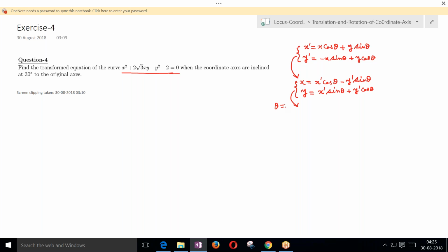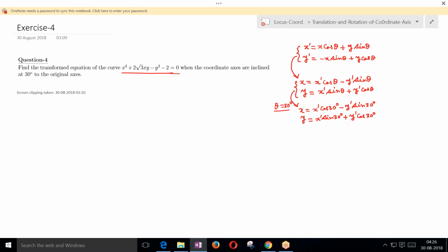If we apply the value of theta, then what we will get? x is equal to x dash cos 30 degree minus y dash sin 30 degree, and y is equal to x dash sin 30 degree plus y dash cos 30 degree. We know the value of cos 30 degree is root 3 by 2, and the value of sin 30 degree is 1 by 2.